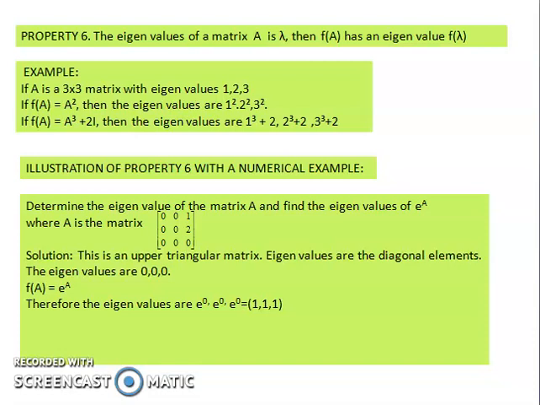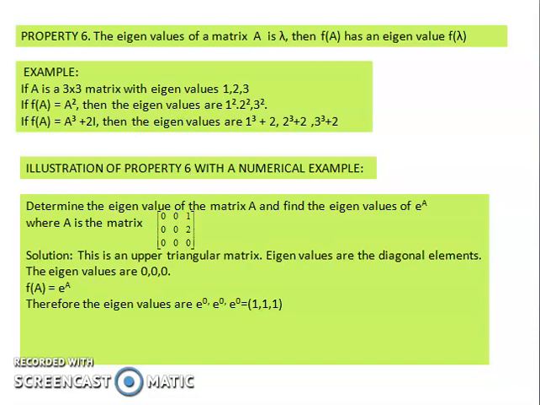If f of A is given as A squared, we are squaring the matrix, so the same operation has to be performed on the eigenvalues. They should be squared, so the eigenvalues will be 1 squared, 2 squared and 3 squared. If f of A is equal to A cubed plus 2I, then the eigenvalues will be 1 cubed plus 2, 2 cubed plus 2 and 3 cubed plus 2.